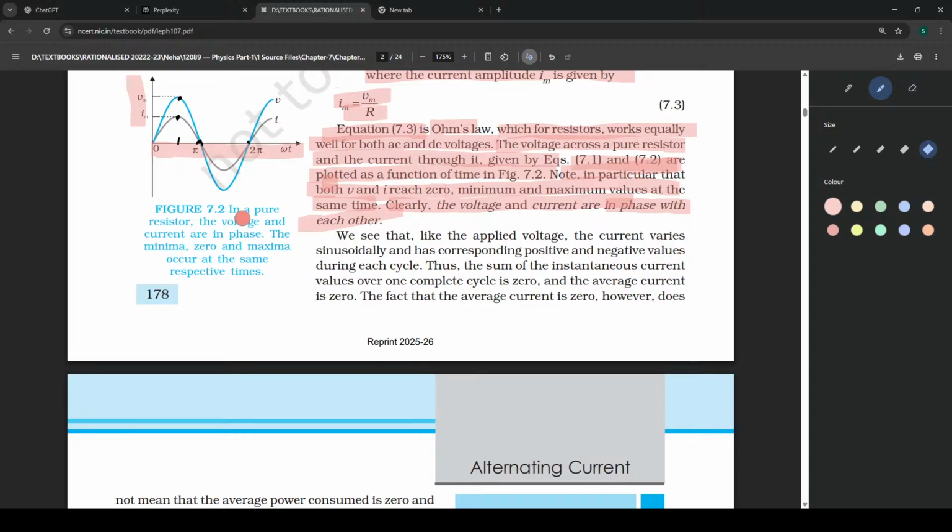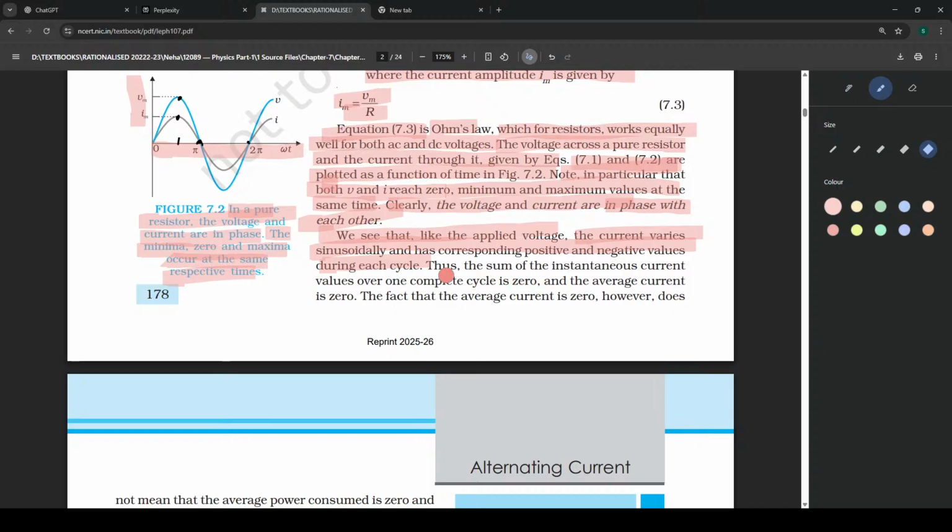In a pure resistor, the voltage and current are in phase. The minima, 0, and maxima occur at the same respective times. We see that, like the applied voltage, the current varies sinusoidally and has corresponding positive and negative values during each cycle.